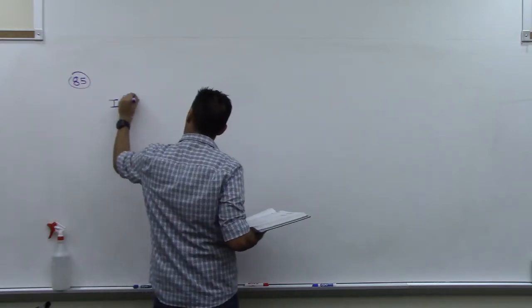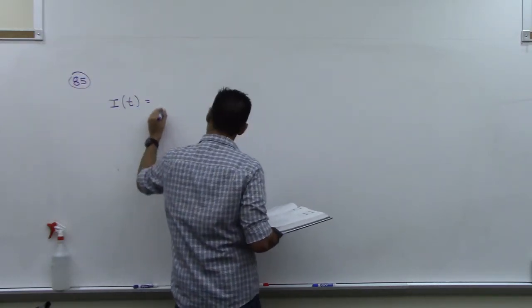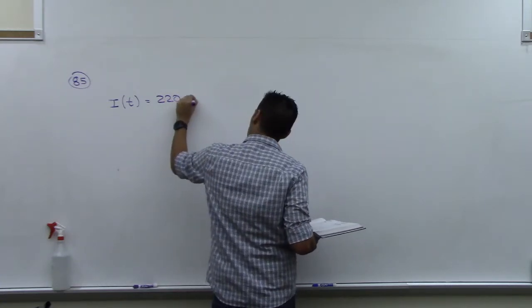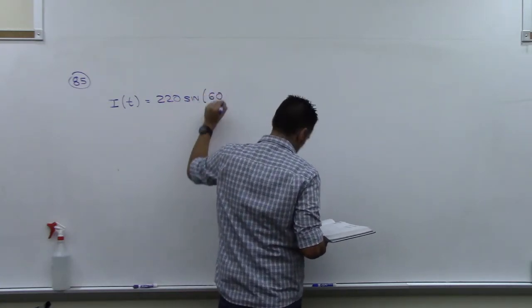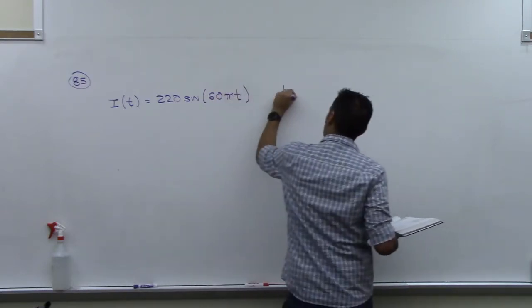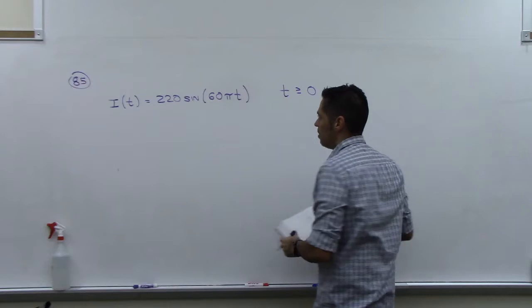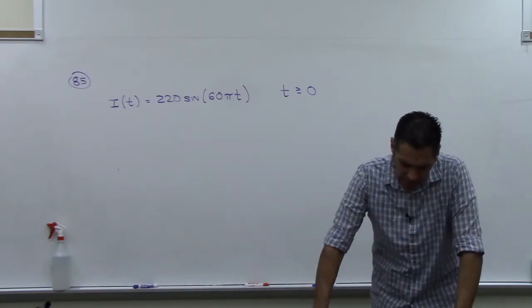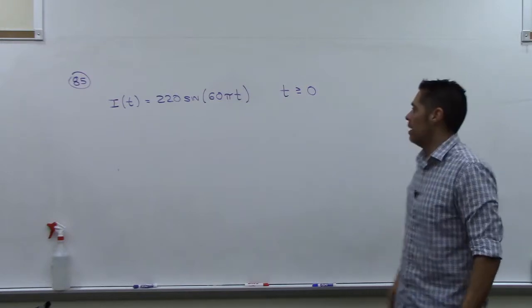I of t equals 220 sine of 60 pi t, and they tell you that t is greater than 0. T is time, so that makes sense. It says, what is the period, what is the amplitude, and graph this over 2 periods.